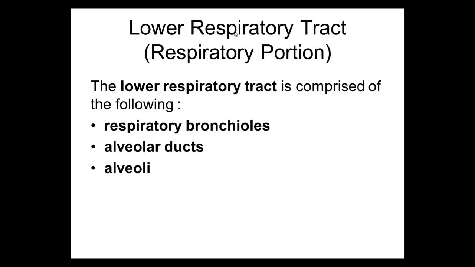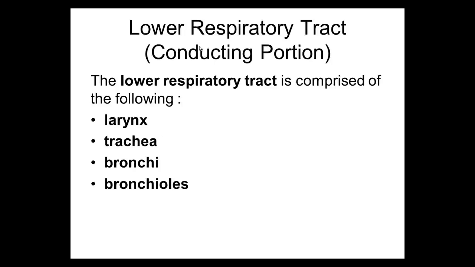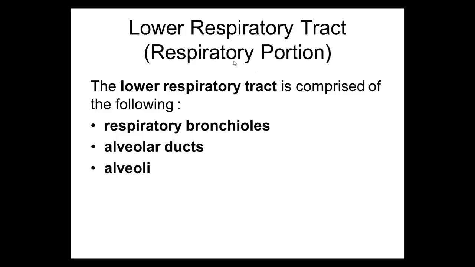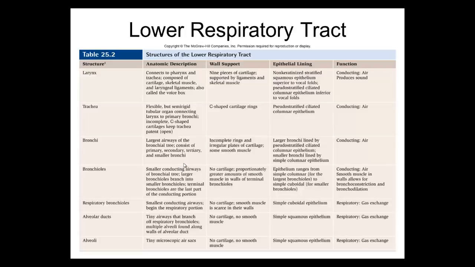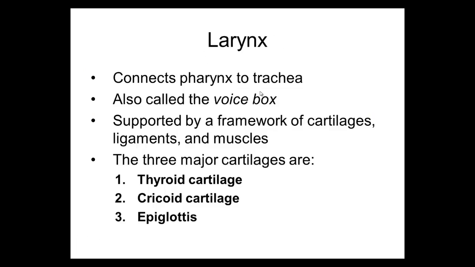And then at the very end, we will talk about the respiratory portion. This is the conducting portion, in which there is no major exchange of gases happening. The respiratory portion is where the main exchange of gases happens: the respiratory bronchioles and the alveoli. We're going to study that together.